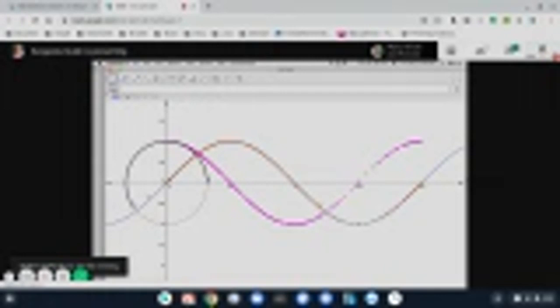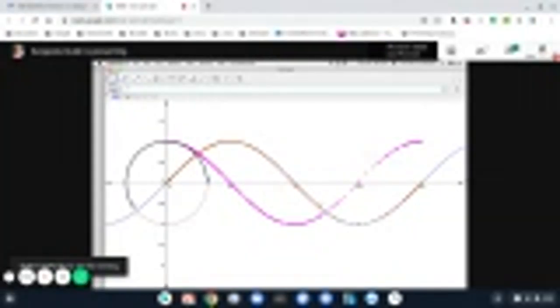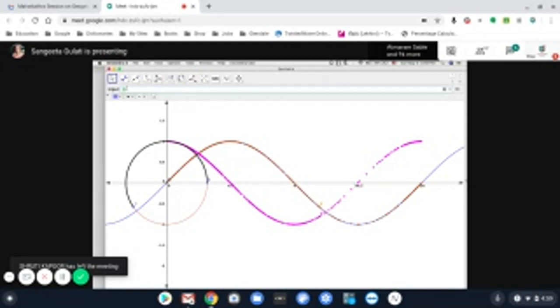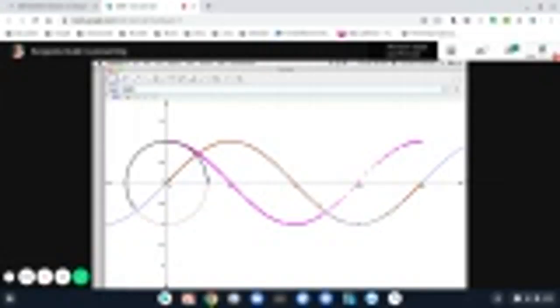Which you can do step by step. You just type in D, y coordinate of C, C is the point, divided.